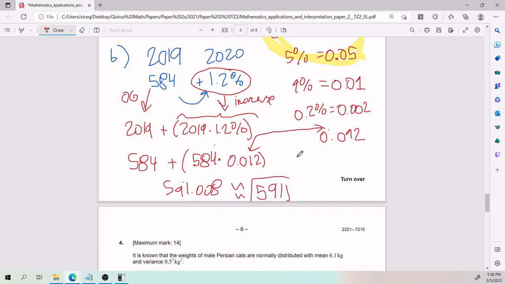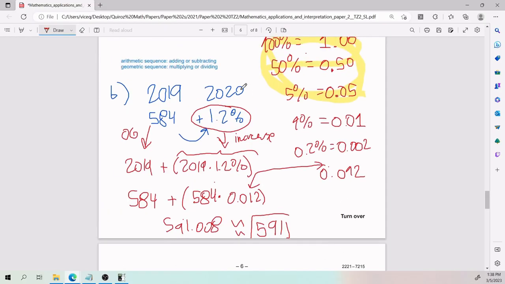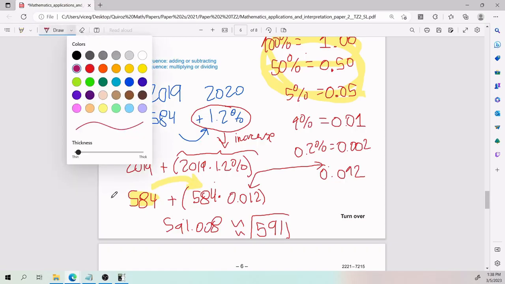The other way to do it, that I like a little less, but hey, I'm going to show it anyway, is that you sort of skip this guy here, you put it in here immediately. So this 584 in a certain way is like 100%.